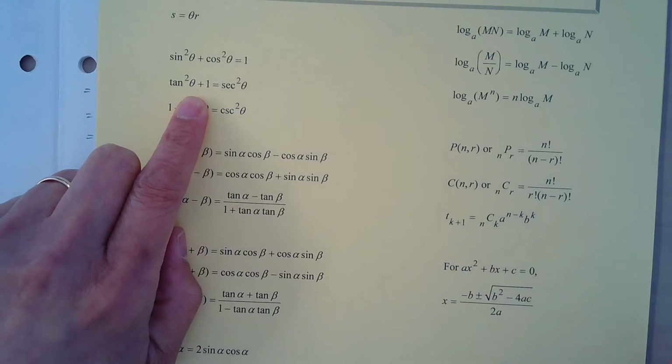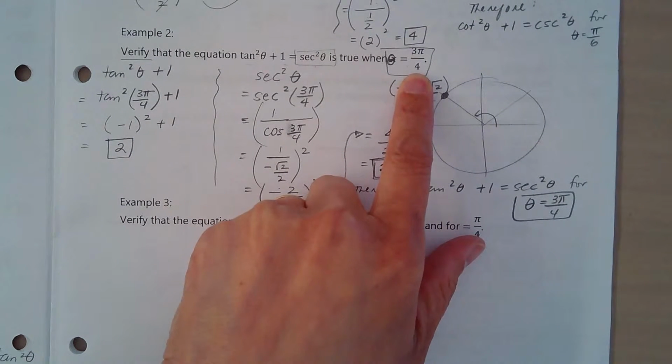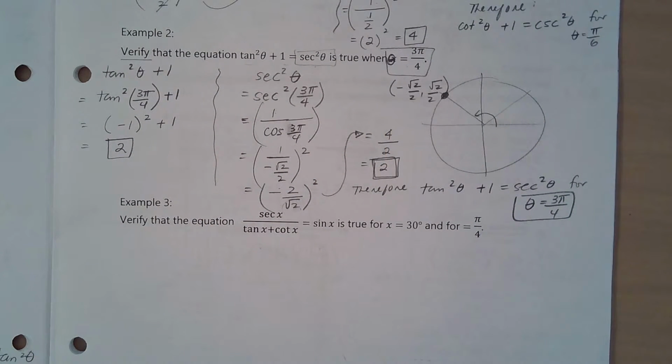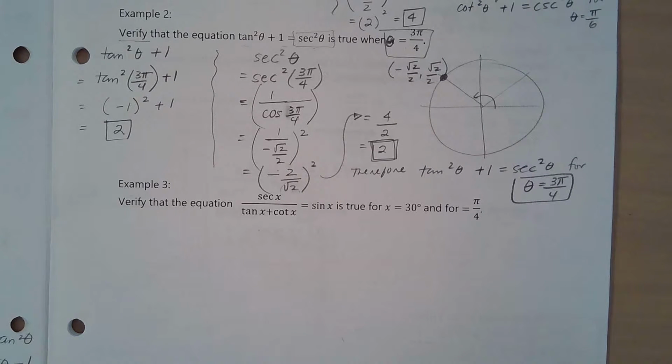So it works for 3 pi by 4, but there's other solutions where both of them are going to be equal to each other. You okay so far? Yeah.